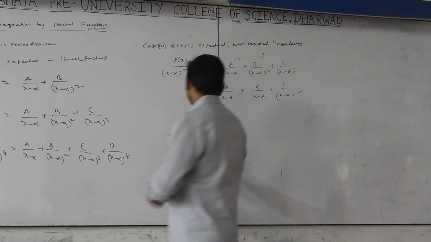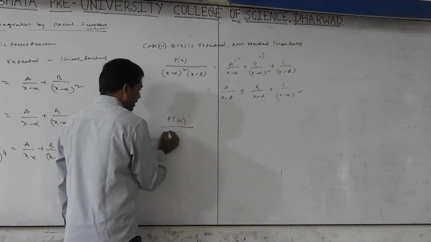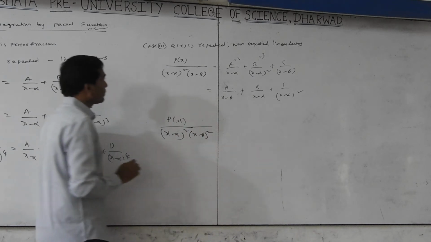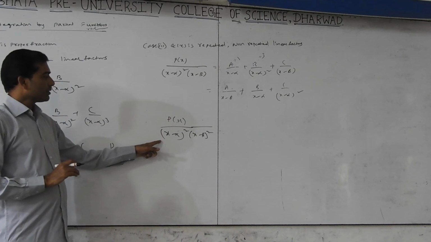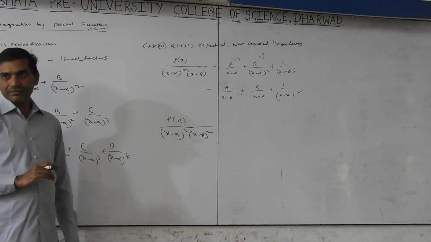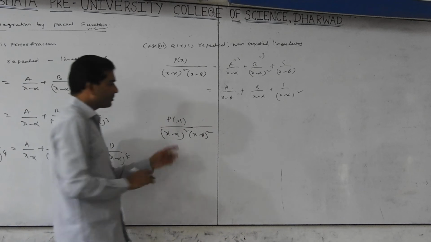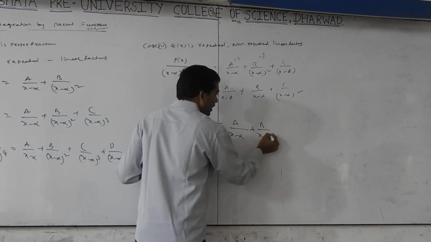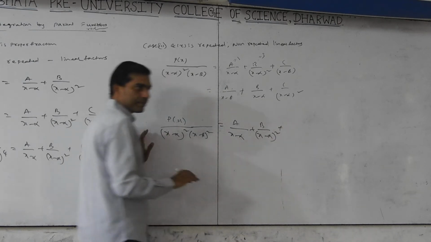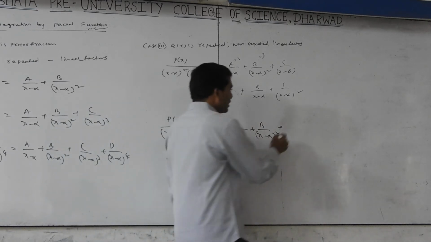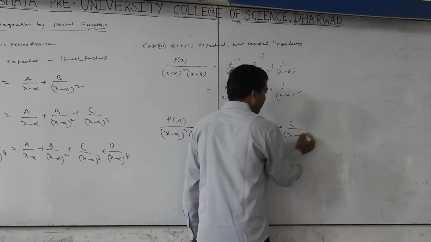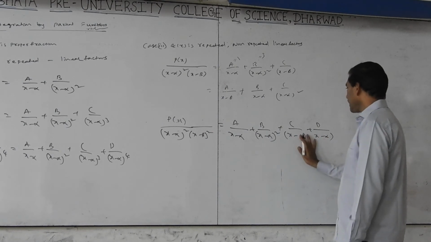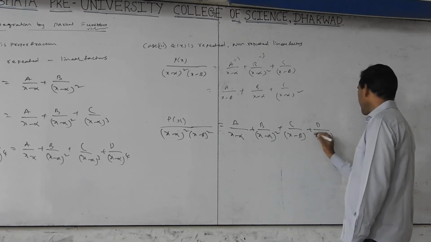Okay. For example, p of x by (x minus alpha) whole square (x minus beta) whole square. Both are repeated linear factors, repeated 2 times. Tell me, A by x minus alpha plus B by (x minus alpha) whole square plus next C by x minus beta plus D by (x minus beta) whole square.